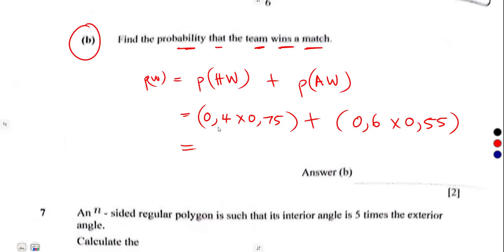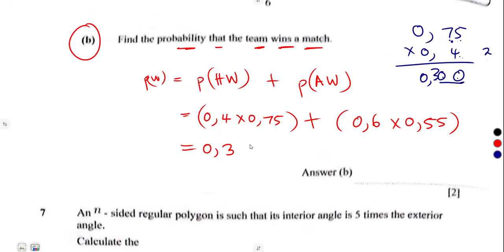So multiplying these two, 0.4 times 0.75. 4 times 5, that's 20. Then you're going to have a 2. This is what? 28 plus 2, that's 30. Our main decimal places are 1, 2, 3. So this is going to be 0.300, which is what?